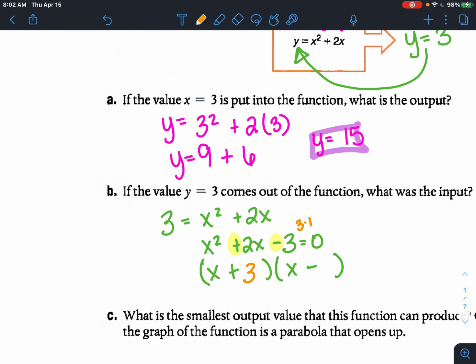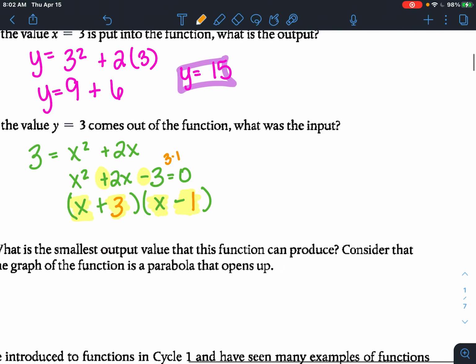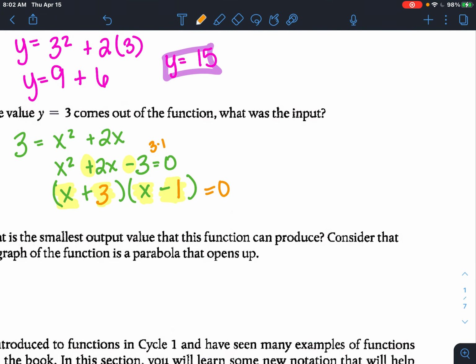So we'll plug in 3, we'll plug in 1, and the outsides plus the insides equals my 2x. Perfect. And then I need to finish solving. So this all equals 0. So x will equal -3, or x could equal 1.